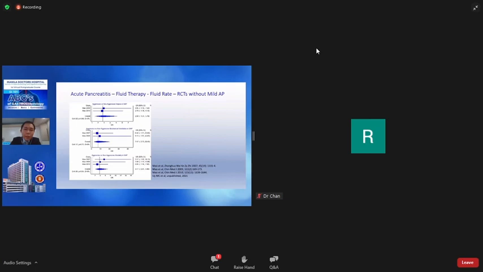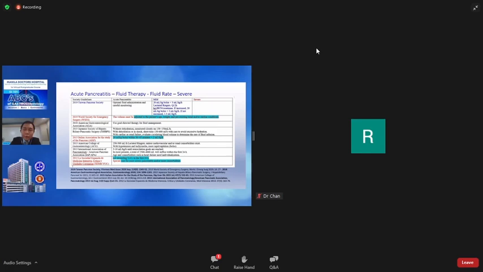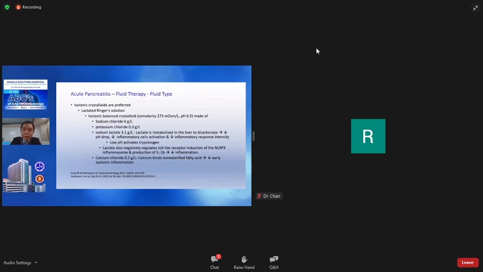The 2015 Italian guideline recommended 20 milliliters per kilogram plus 2 milliliters per kilo per hour, but the 2012 Spanish guideline recommended not to exceed 3 to 4 liters in 24 hours. Depending on the patient's age, weight, and comorbidities, one may also follow the other guidelines which did not include fluid bolus in their regimen. To avoid fluid volume overload, goal-directed hydration is even more important here than in mild pancreatitis.